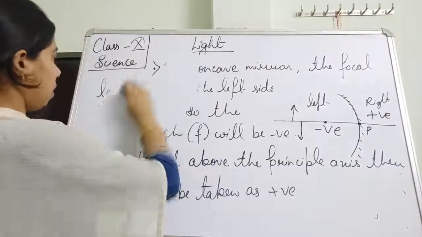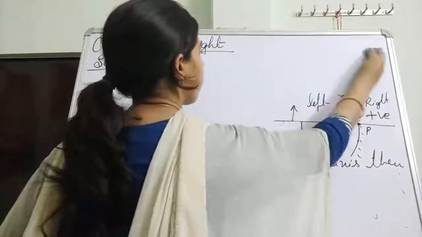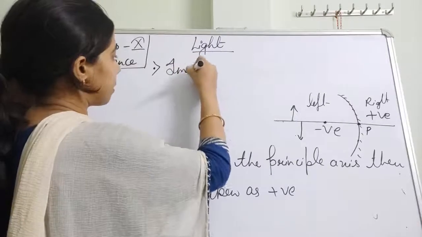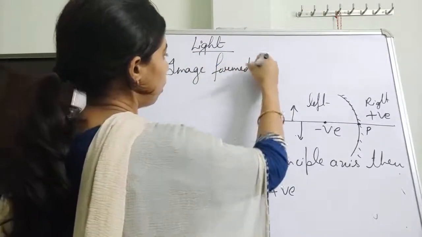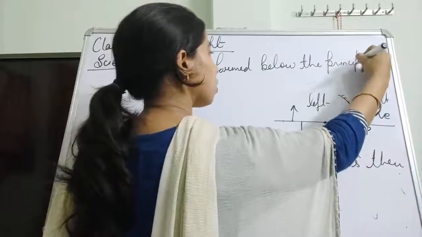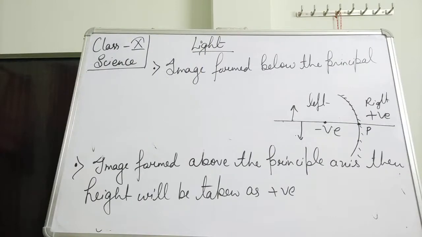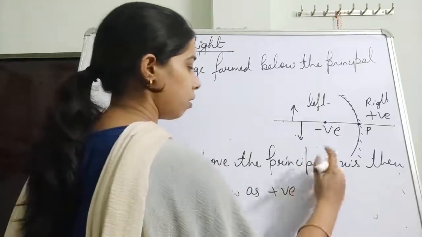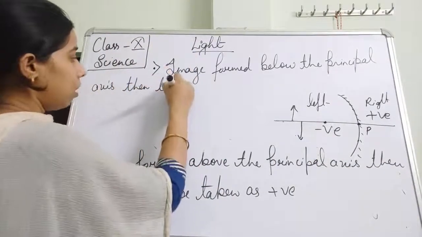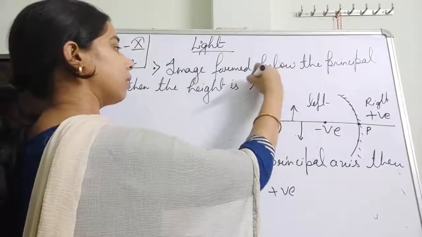While if the image is formed below the principal axis, then the height is taken as negative.